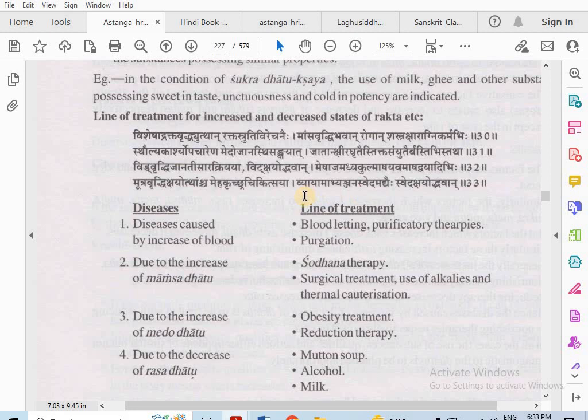It means by vyayama, by abhyanjana, by sweda, by madhya. All these words together you should understand. Madhyehi is in plural because it is the fourth word. When more than two words are given in the dvandva samas, the last word, the third or fourth or fifth word, is always in the plural form. The meaning is by each. Clear? So by all this treatment, we should treat the diseases that occurred due to decrease of sweat.